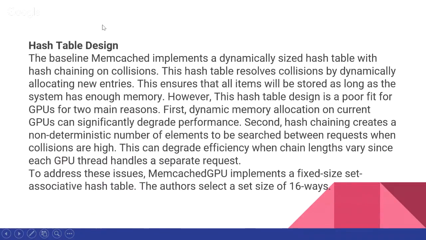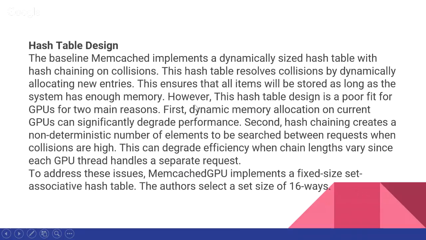So I'm going to talk about hash table design. The traditional baseline memory cache implements a dynamically sized hash table with hash chaining on collisions. This hash table resolves collisions by dynamically allocating new entries. But this method is a poor fit for GPUs for two main reasons.